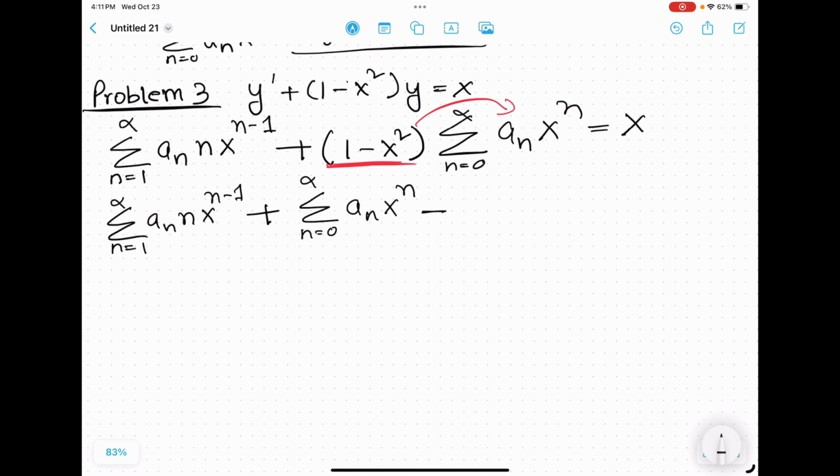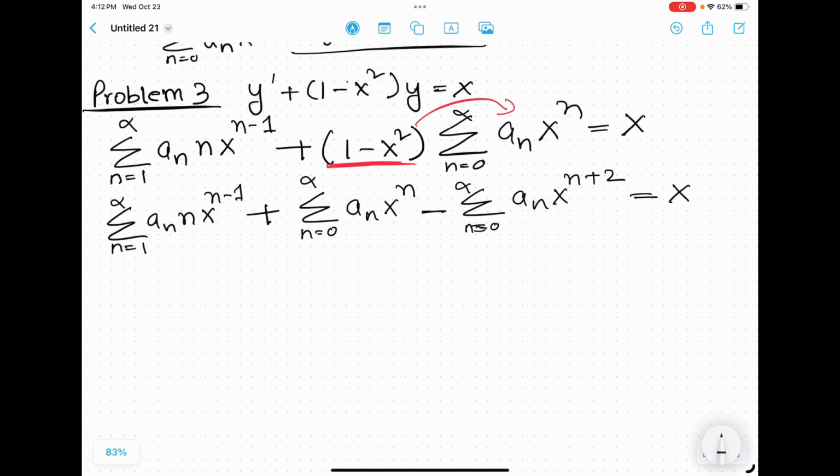So now I'll multiply our minus x squared with our second power series. So I end up with summation n equal to 0 to infinity a sub n x to the power n plus 2 equals x. Now, we have talked about this earlier. The only reason that our exponents add up is that by the rules of exponents, we know that if our bases are the same, their powers add up.